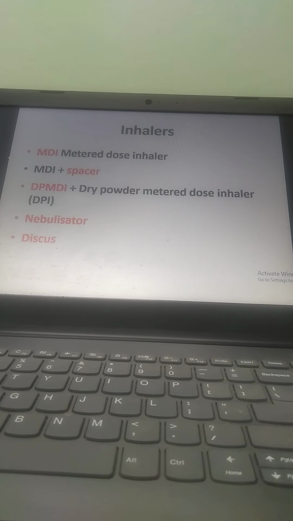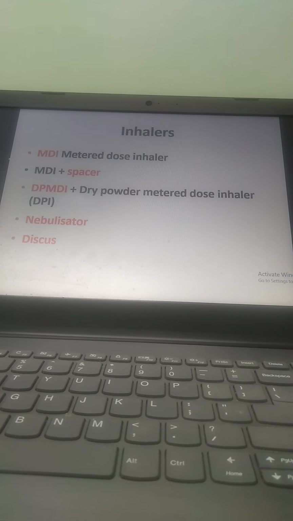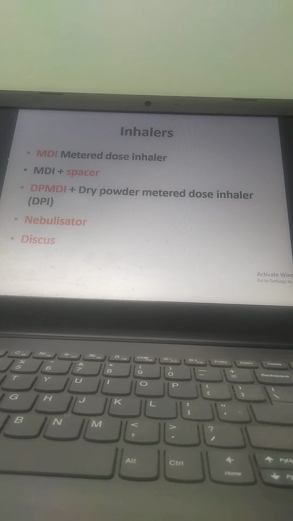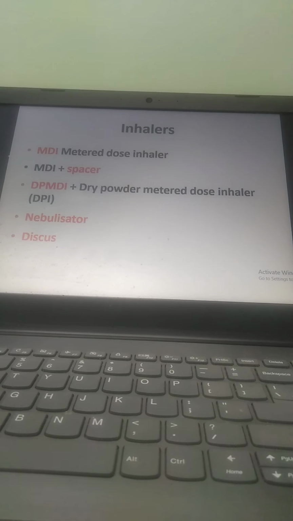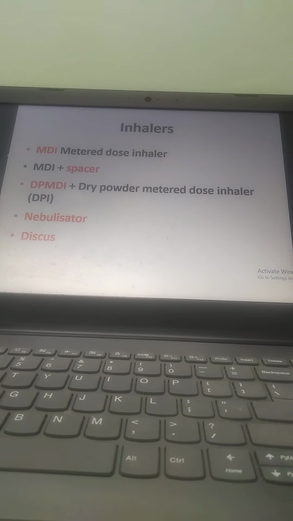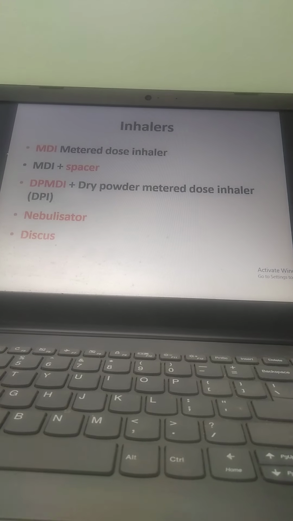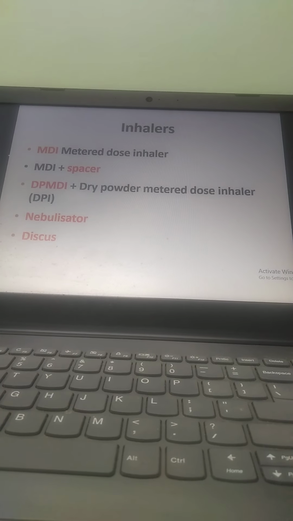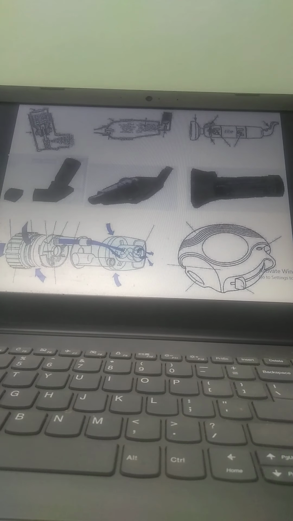So for inhalers, we have MDI, metered dose inhalation, MDI plus spacer, DPMDI, dry powder metered dose inhalation, DPI, and nebulizer, and we can discuss this.